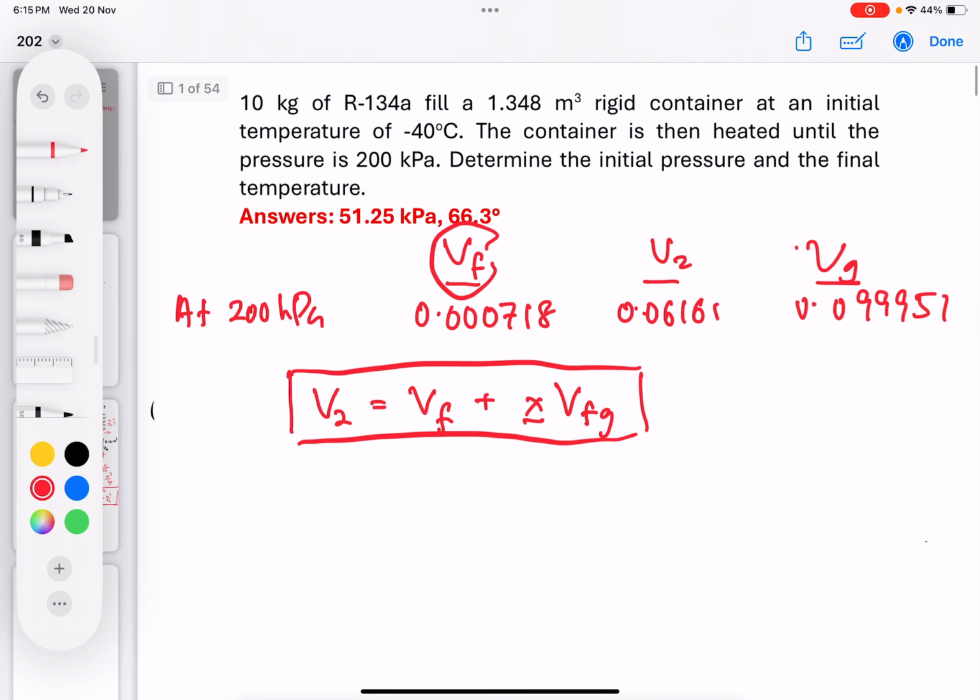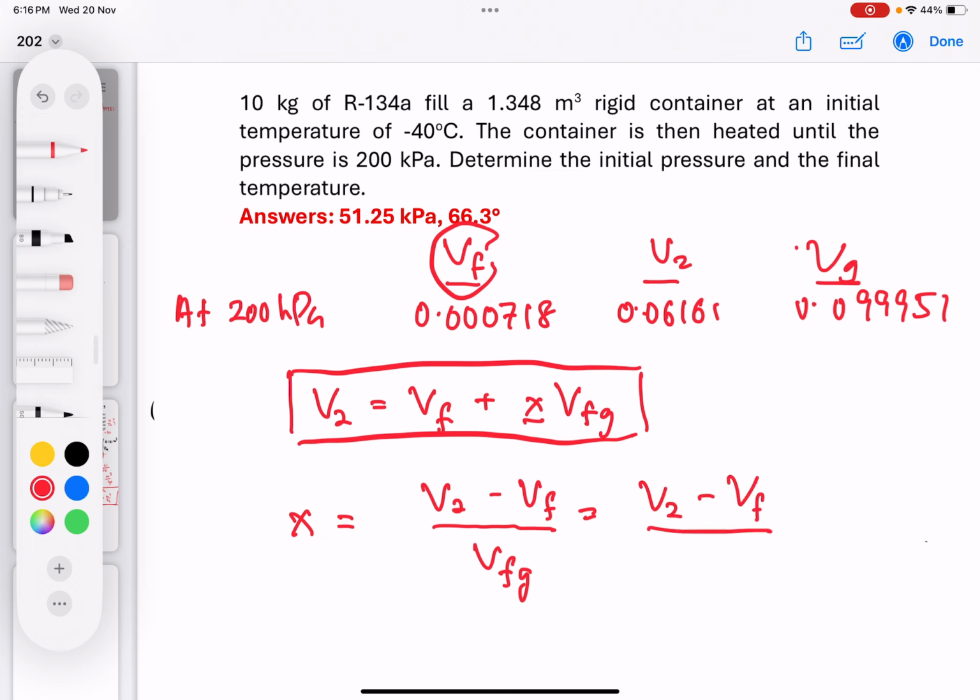If I rearrange, X equals V2 minus VF divided by VFG, and VFG is just equal to VG minus VF. Then I can solve for this.